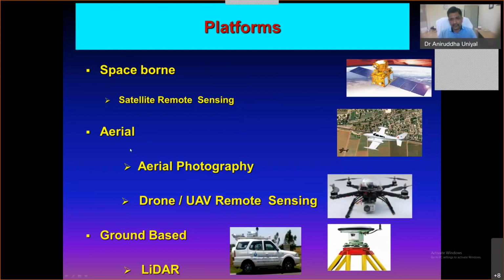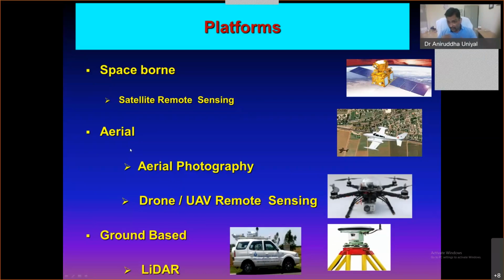It was during the First World War that navigators with pilots started manually clicking pictures of enemy troops, their armor or their artillery regiments. Armor means their tank regiments, and then their artillery regiments and their infantry. By the Second World War, colored photography was introduced, and automated aerial photography started, wherein the navigator was not required.